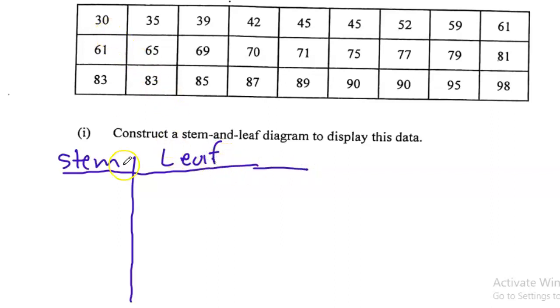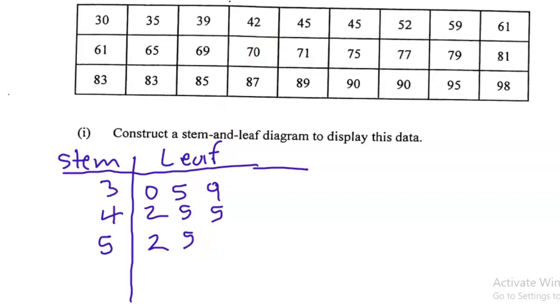Alright, so for the 30s, we have 30, 35, and 39. Then for the 40s, we have 40, 42, 45, 45 again. Then for the 50s, we have 50, 52, 59.